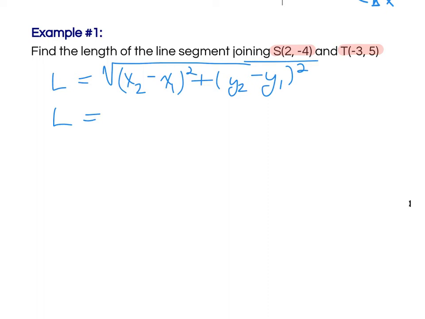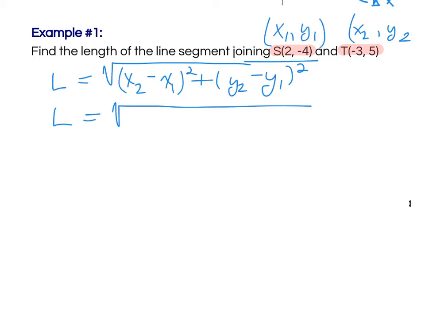Okay, I'm going to sub those values in. I'm going to call this x2, y2, and this x1, y1, although I could have reversed those and my answer should be the same because I'm squaring each of the values in the brackets.